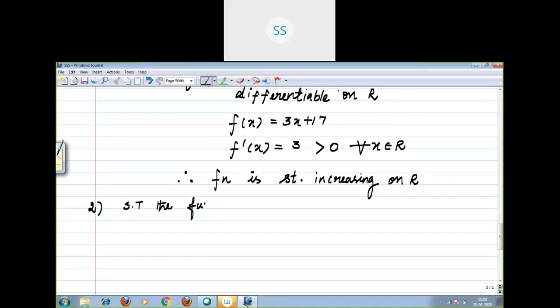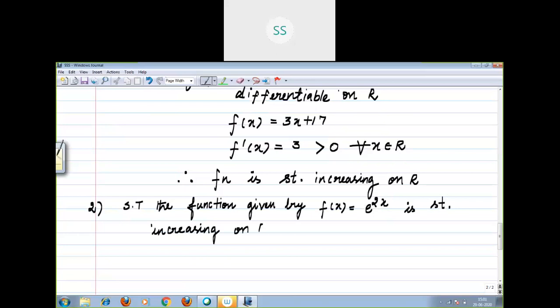Show that the function given by f of x equal to e power 2x, exponential, is strictly increasing on capital R. Here also they suggested the real numbers.